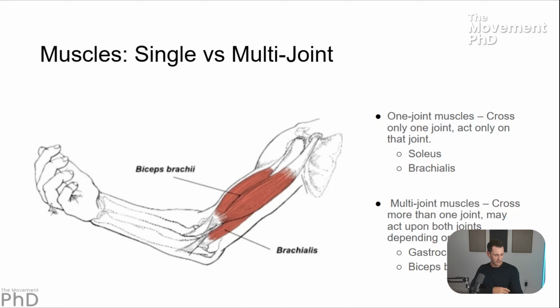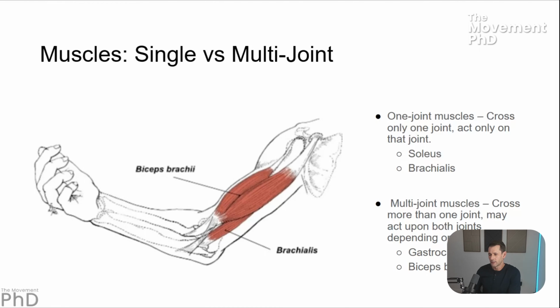So if you're doing an elbow flexion exercise and your shoulder is in flexion, that biceps is not going to be able to contribute as much to that elbow flexion because we have shortened it over that proximal attachment. So when you're doing a curl up here in shoulder flexion, that's primarily working that brachialis underneath that biceps brachii.